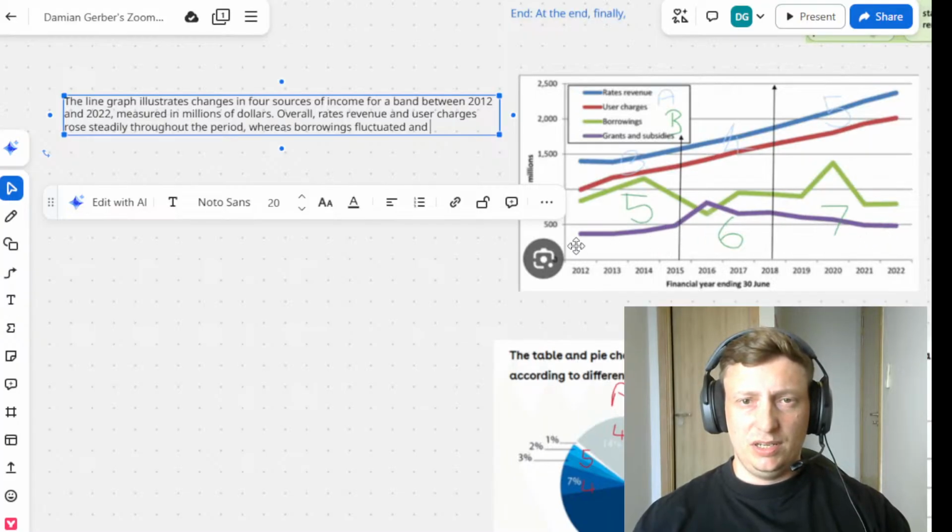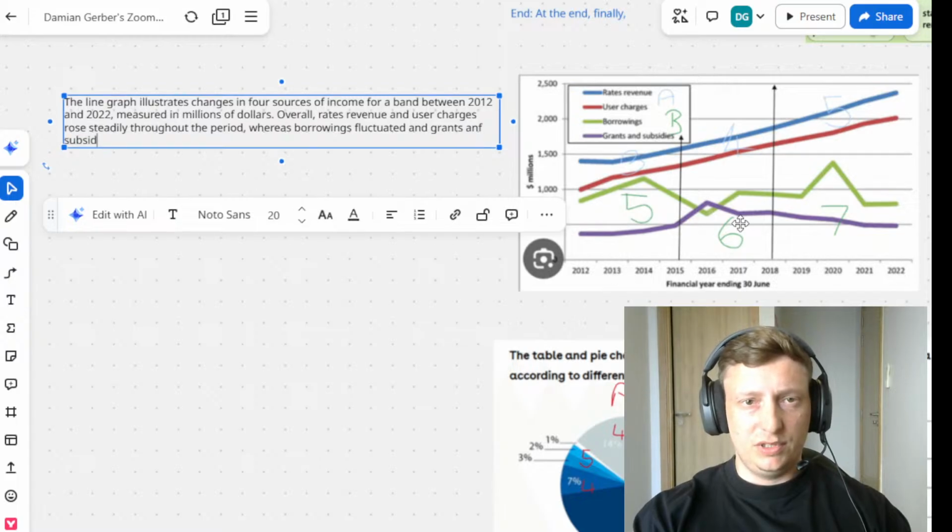Grants and subsidies, so it peaked and then dropped, or we don't have to use too fancy vocabulary, so we can just say that it increased before briefly declining. So let's go grants and subsidies increased briefly before decreasing.